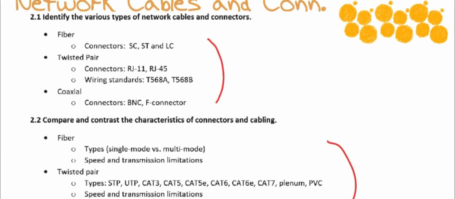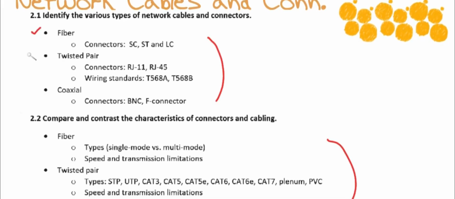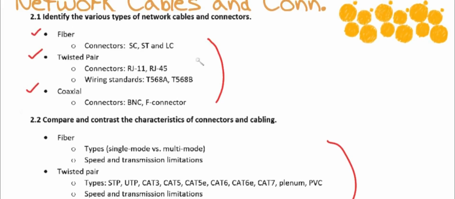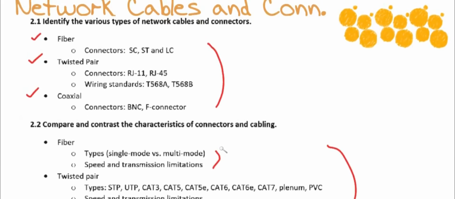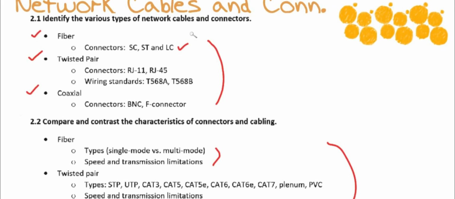So what I decided to do, because it makes such sense here, is I combined this material. Now, to make it easy for us, I will stay in their order. So I'll do fiber, twisted pair, and then coaxial. But we're going to talk about the fiber types and speed and transmission limitations, for example, and the connectors for fiber, and then we'll move on to twisted pair and coaxial.